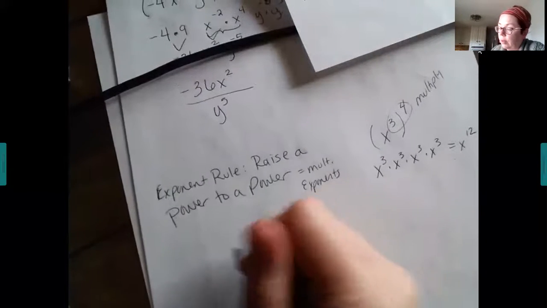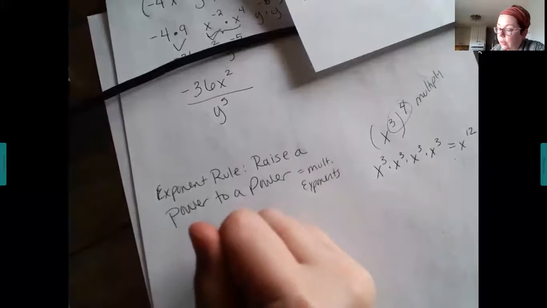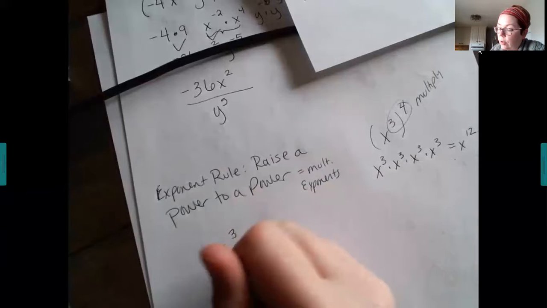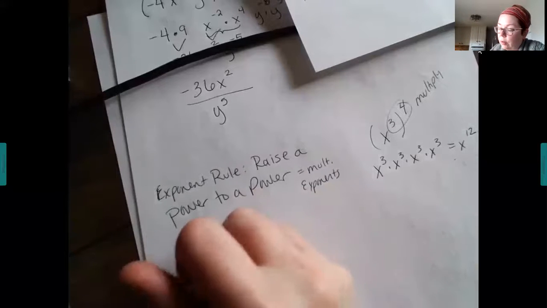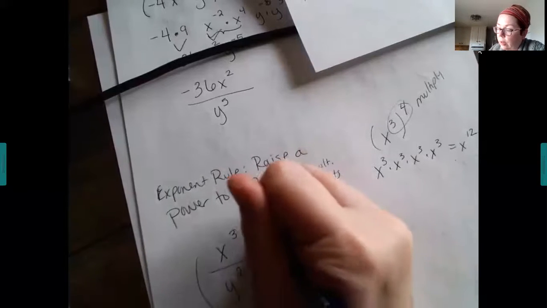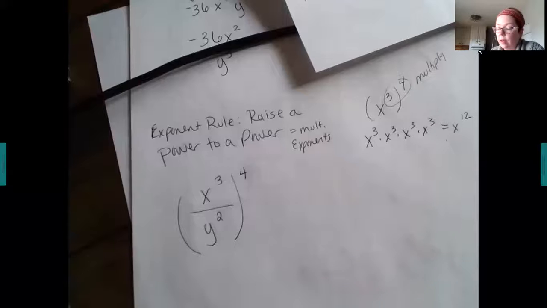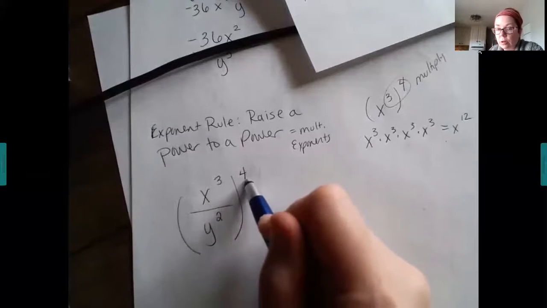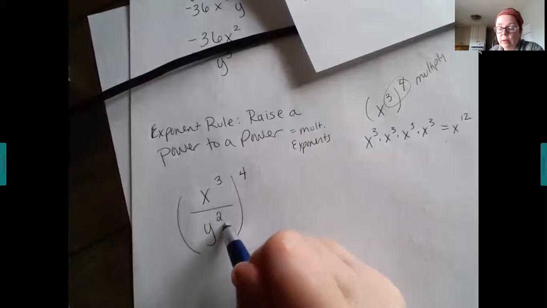So if you have something where it's a fraction, and like we just did that one, right? X to the third, y squared. And if we took that to the fourth power, this 4 affects this 3. This 4 also affects this 2, okay?